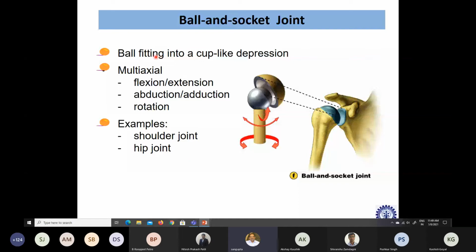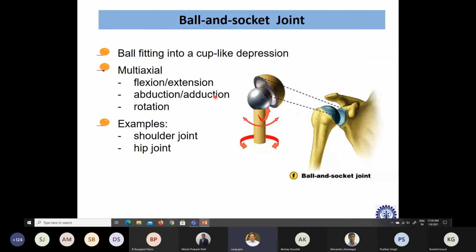The ball fits into a cup-like depression, a cavity. It's a sort of hemispherical cavity approximating the spherical ball, and this articulation will always give rise to rotations. So there would be flexion, extension. Flexion and extension are just opposite movements. Abduction and adduction are also opposite movements: one is raising the arm, one is lowering the arm.